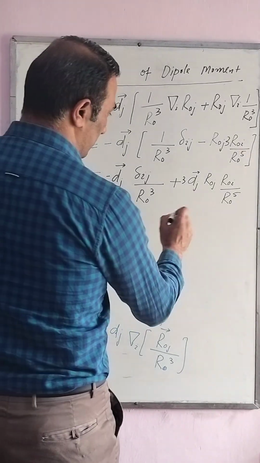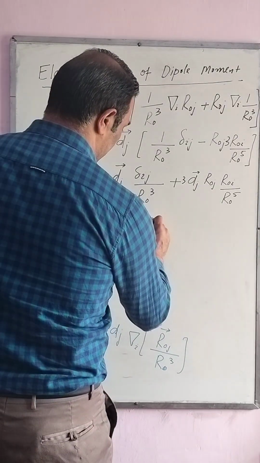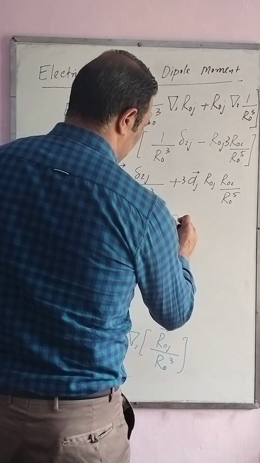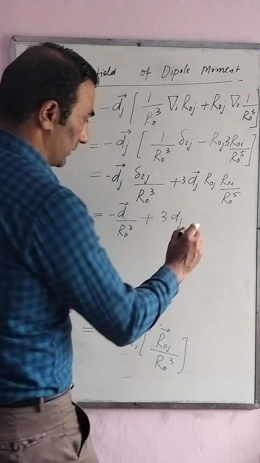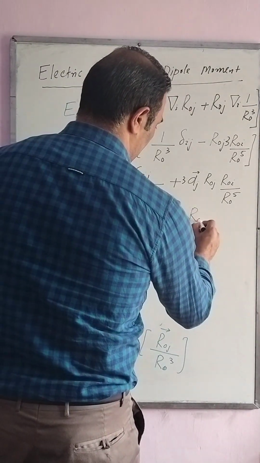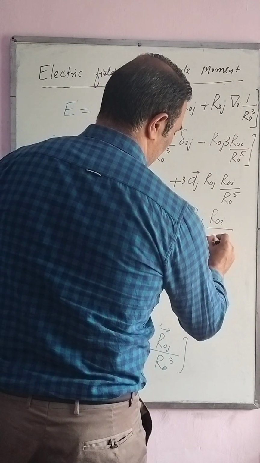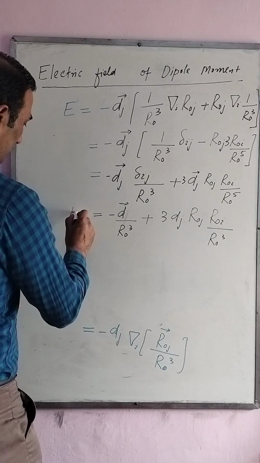Okay, and second term will be equal to plus 3 dj r0 j by, this is the electric field.